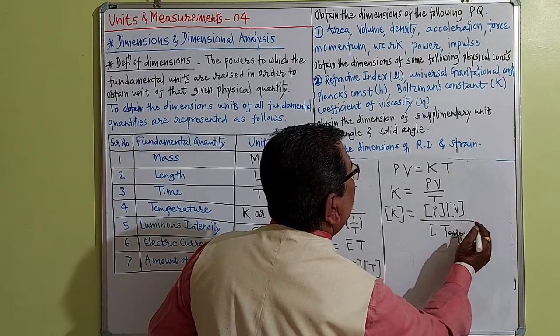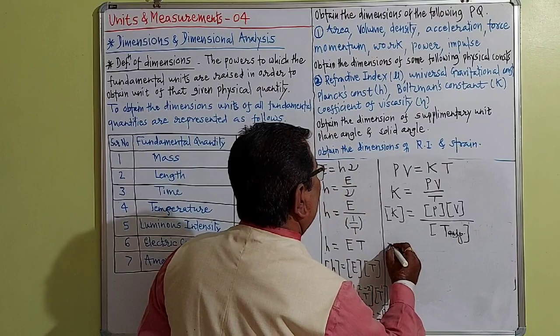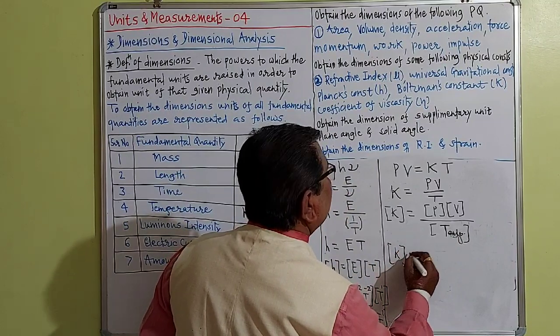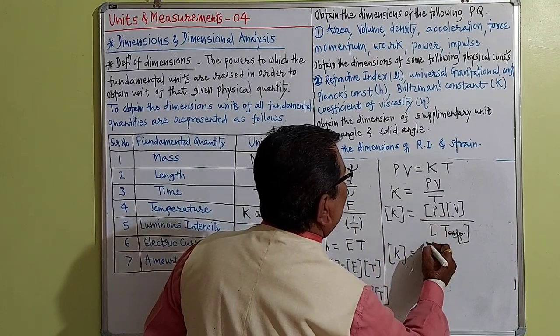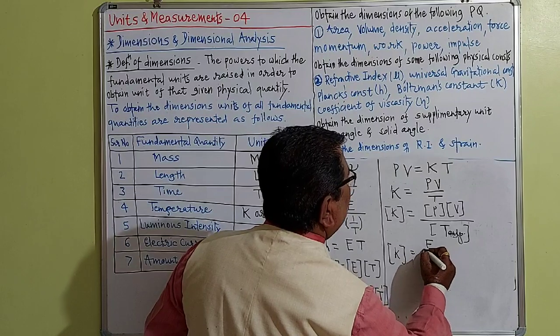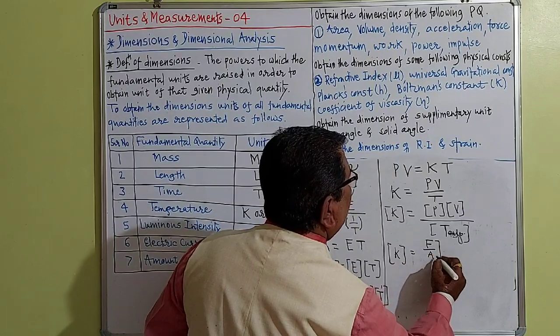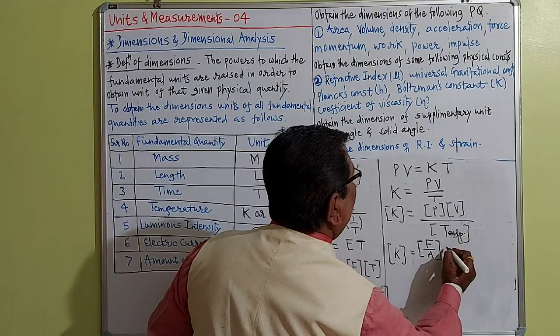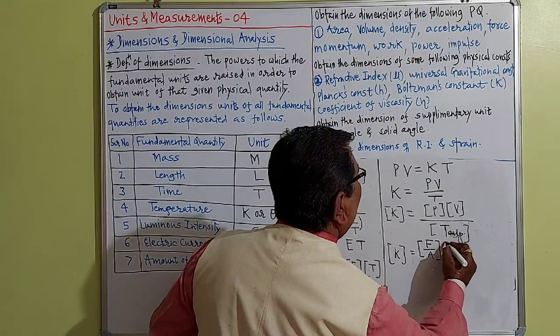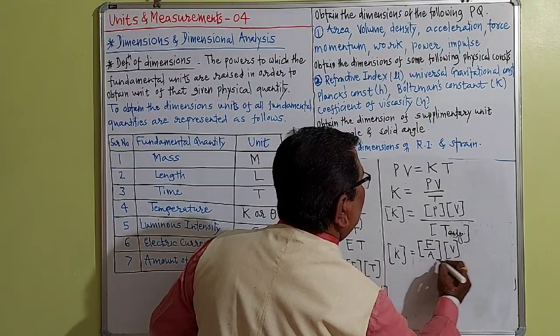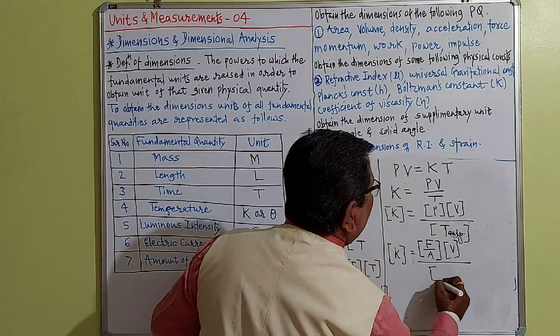So Boltzmann constant K is equal to P, force upon area, into dimension of volume upon dimension of temperature.